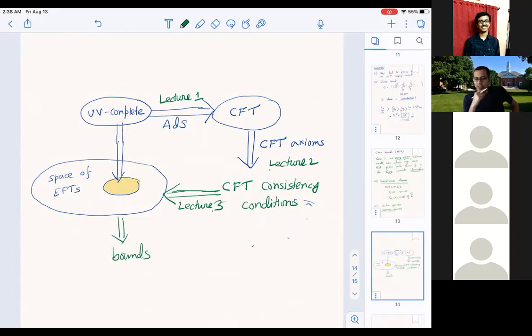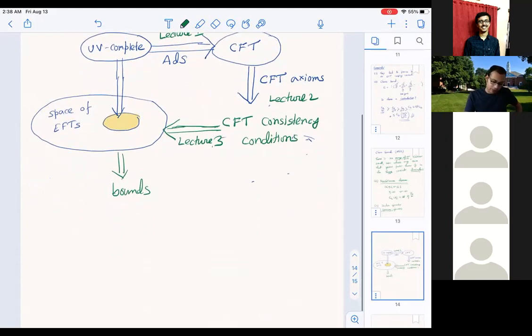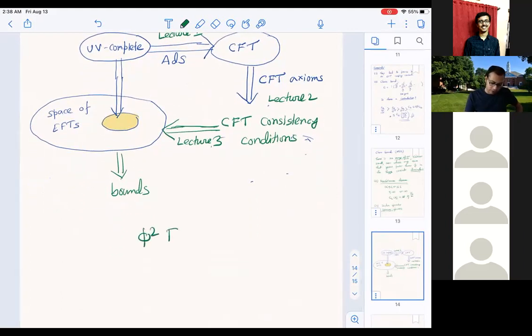General in the sense that I'm going to write down an effective field theory of a scalar with basically anything of the form phi squared box to the k phi squared.